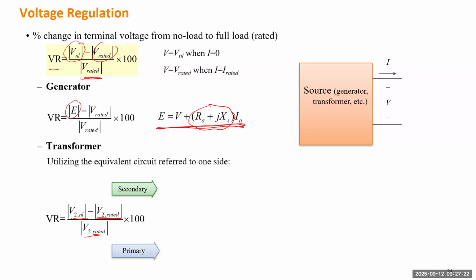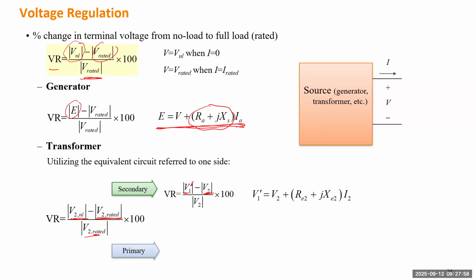That's the original definition. But then we need to transform to either the primary side or the secondary side. If we transform to the secondary side, the V2 rated will basically just be V2, and the no load voltage will be the source voltage transformed to the secondary side. You see, we put V1, which means primary voltage, but there is also a prime here, which means after the transformation.